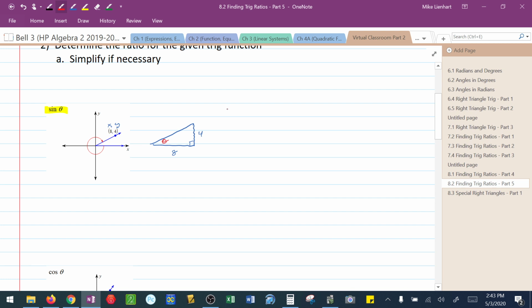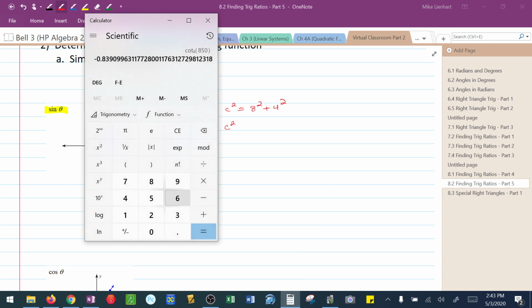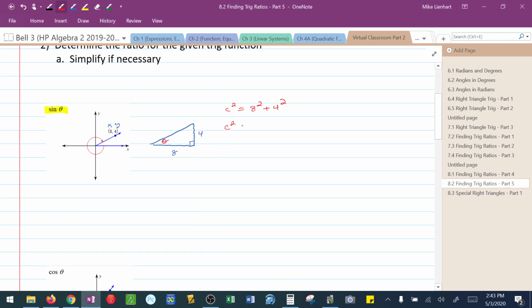So the first thing I have to do is ask myself, c squared is equal to 8 squared plus 4 squared. How big is the hypotenuse? So let's see here. If I take 8 squared plus 4 squared, that gives me that c is equal to the square root of 80.